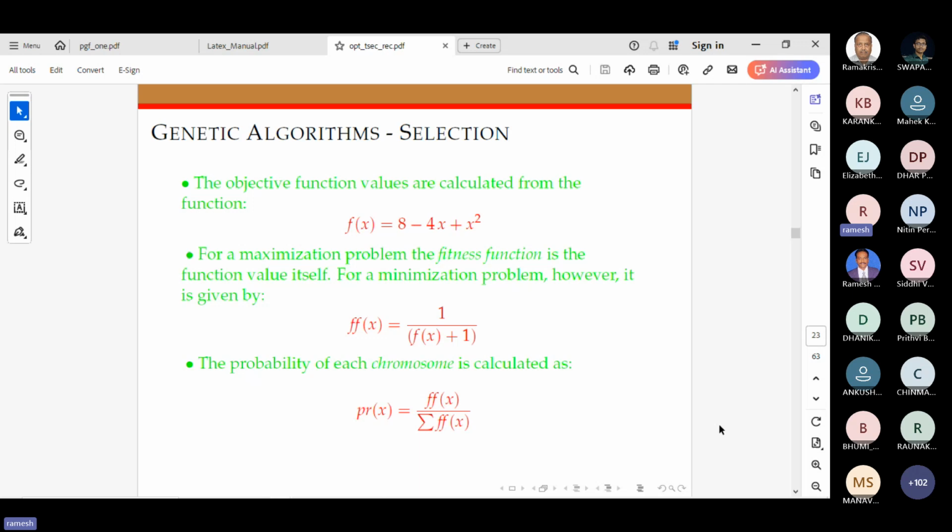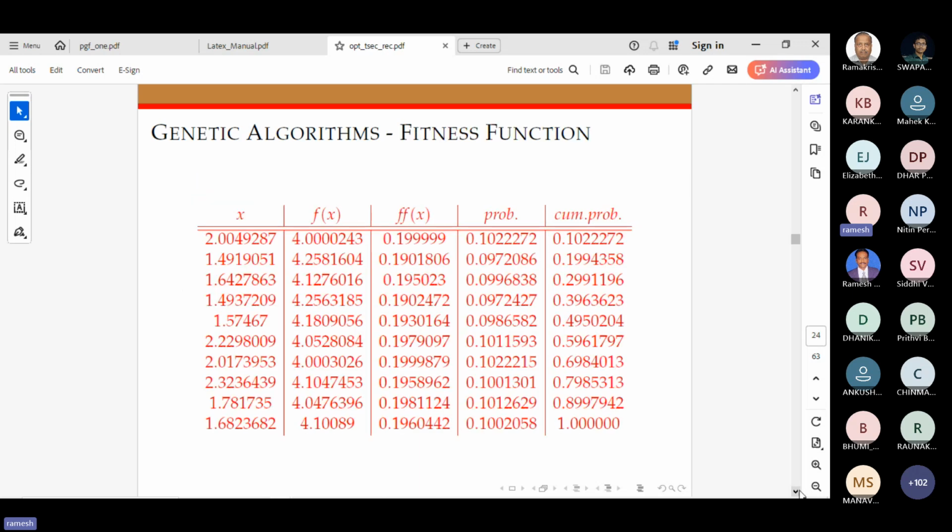And then we can calculate all these values for all these different points. So these are the initial population values, and these are the function values, and these are the fitness function values, because the fitness function values are calculated as 1 by 1 plus f of x. Then these are the probabilities of the fitness function values.